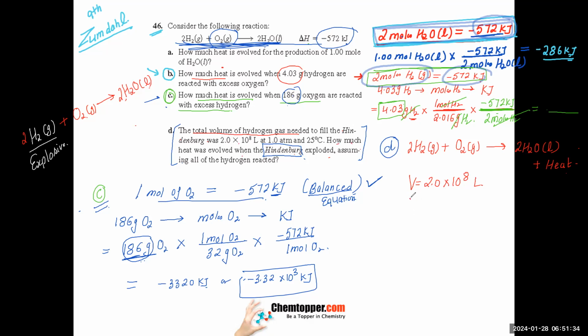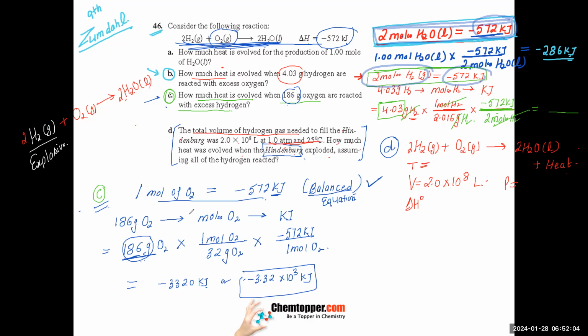They're asking delta H. How much heat? Assuming all the hydrogen gas reacted. That's it. They have given the volume and they are saying all the hydrogen gas reacted. They have given the temperature. They have given the pressure of hydrogen gas. See, I missed this thing. These two are also given.